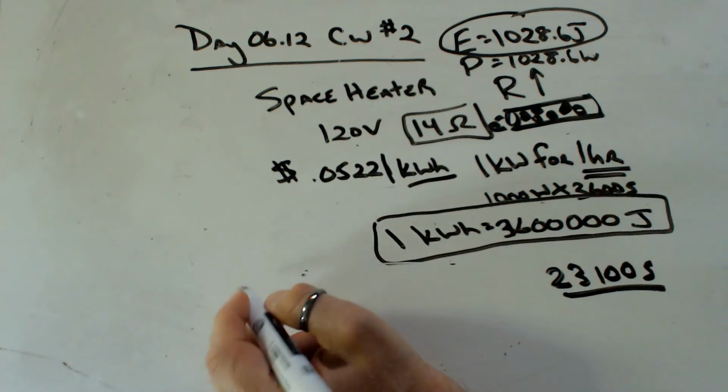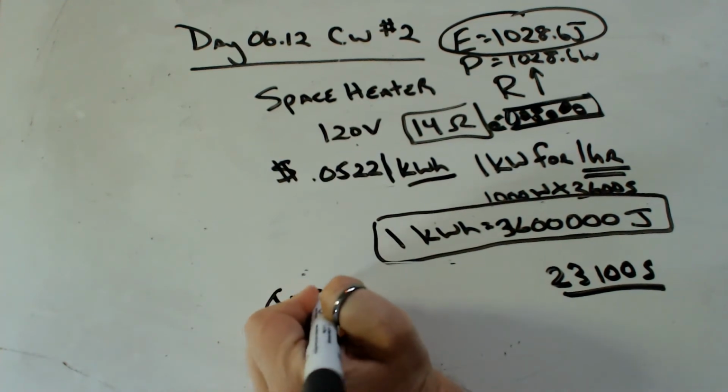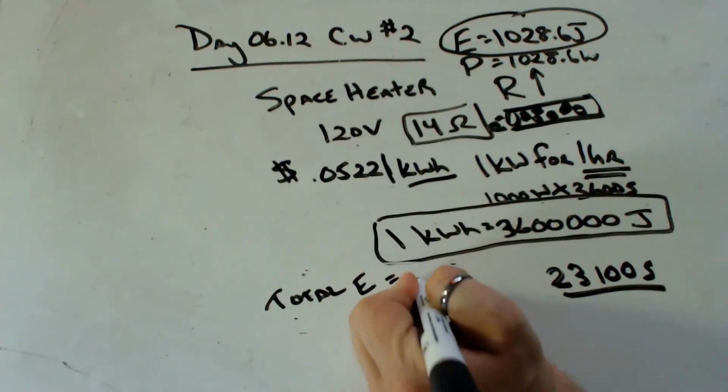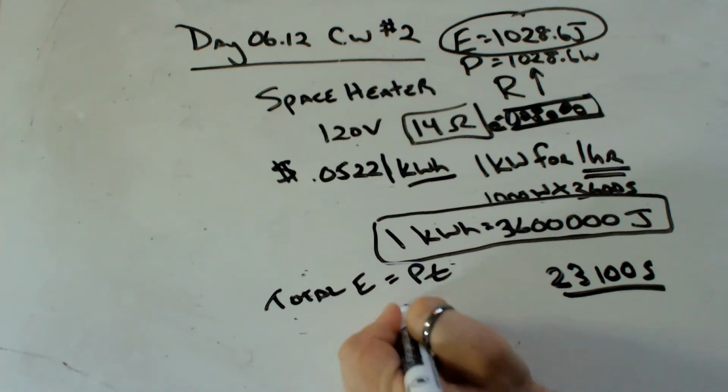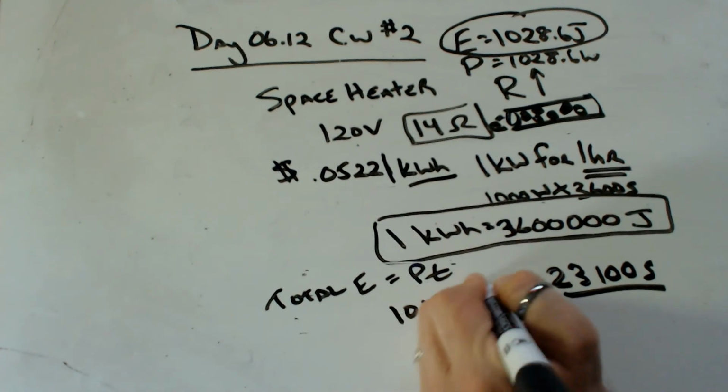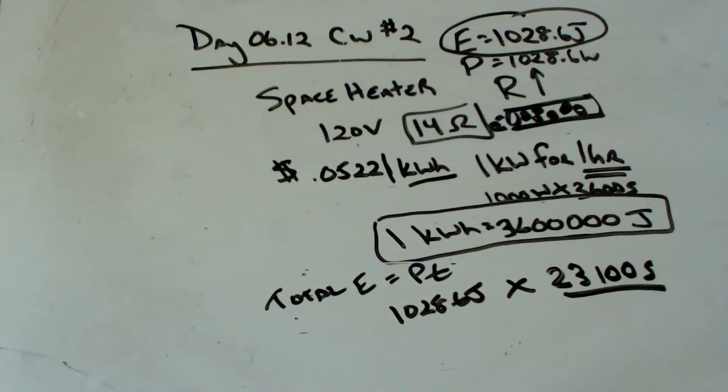So if we want to find the total energy, we're going to do PT. So 1028.6 joules times, and since the time's already there, I'll leave it.